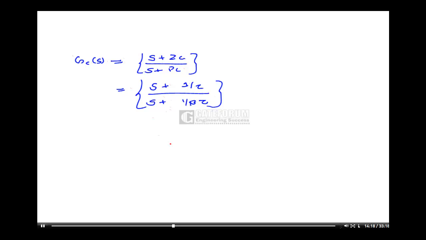Okay. Realizing the physical lag network form of electrical components is something like this.